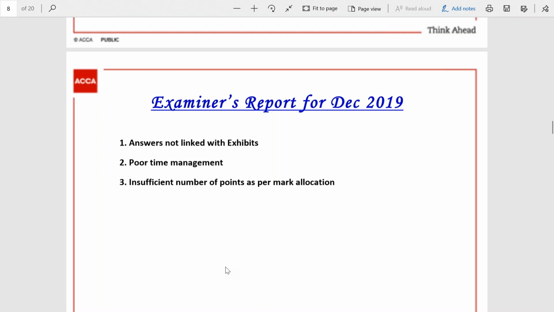So poor time management is the second most common reason. And then the third reason in December was insufficient number of points as per mark allocation.